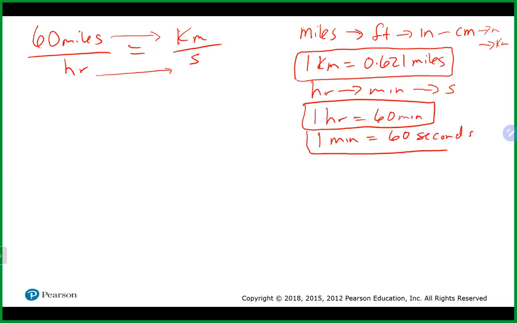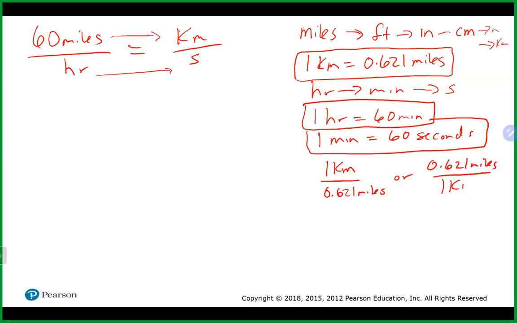And for each of these equalities, we could have 2 conversion factors. We could say 1 kilometer over 0.621 miles, or 0.621 miles over 1 kilometer.